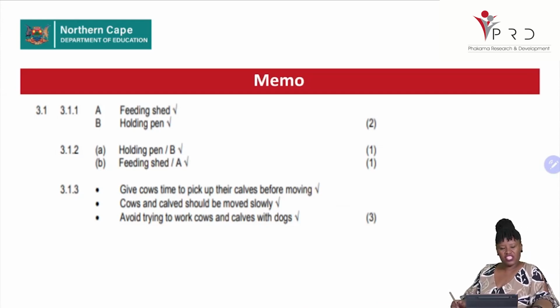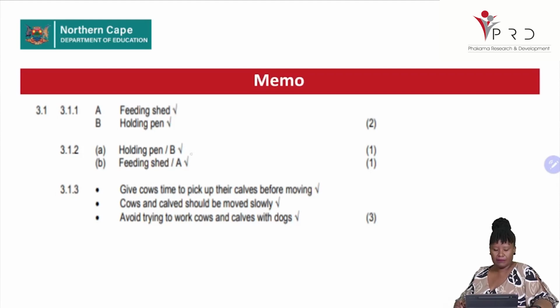A is a feeding shed and B is a holding pen. When you sort animals for auctions, you need a holding pen. And when you feed your animals, you need A, which is a feeding shed. So when you are moving animals with their calves, give cows time to pick their calves before moving.